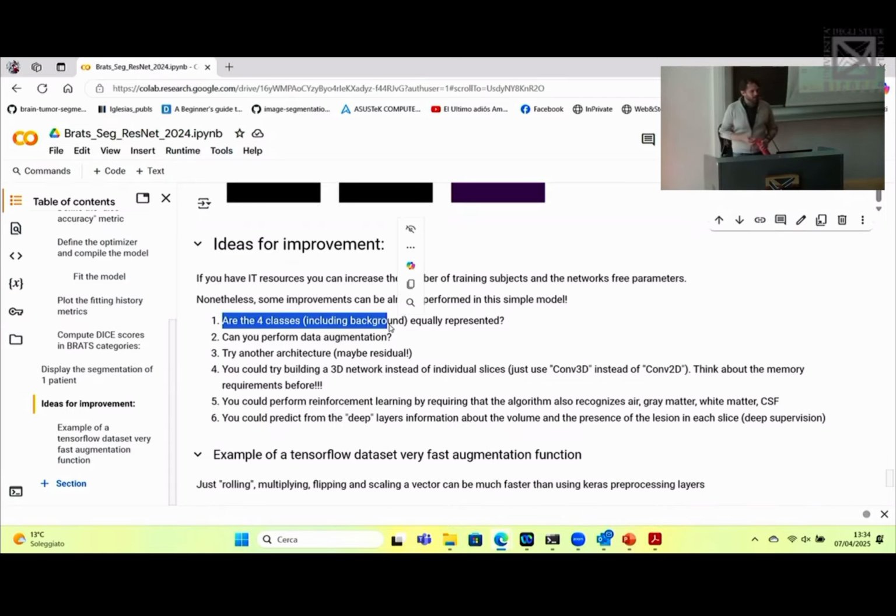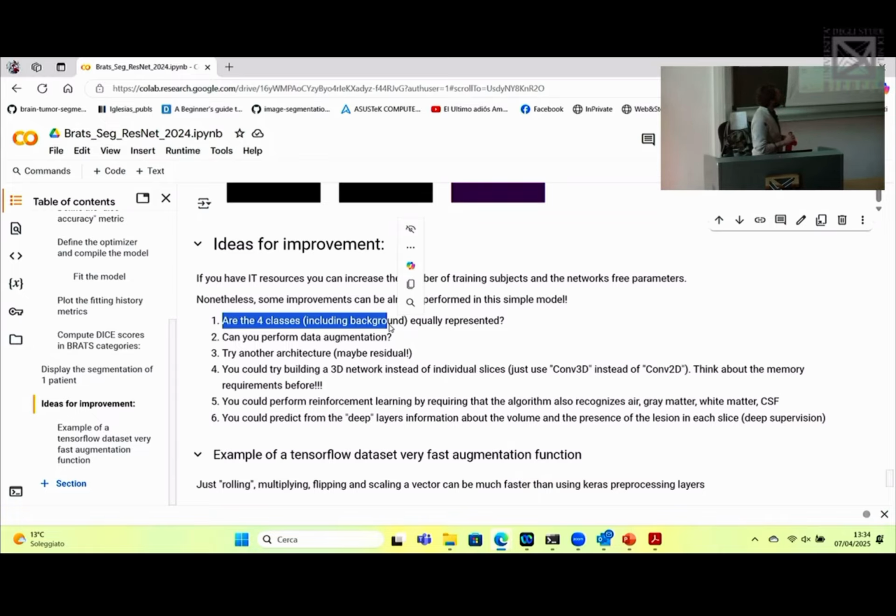And the background, by the way, is not one kind of background. There is air, and there is brain. And brain, by the way, it can be white matter, gray matter, CSF. So you could help the net. If you provide the segmentation, you can help the network in learning the appearance of the normal brain.